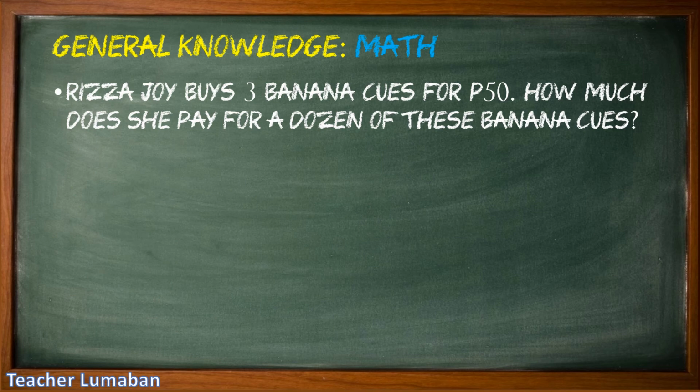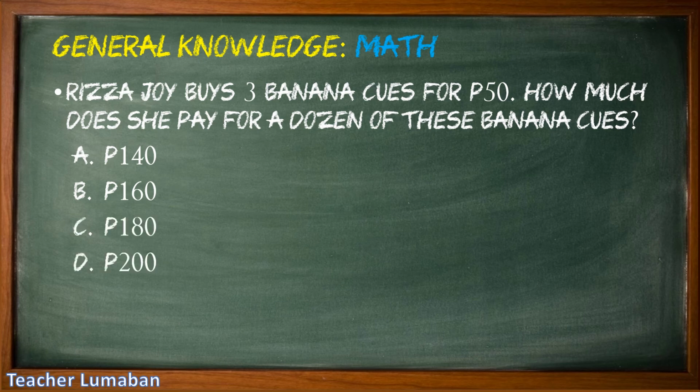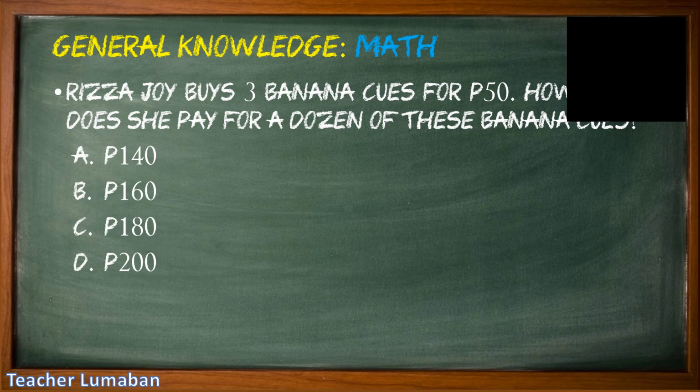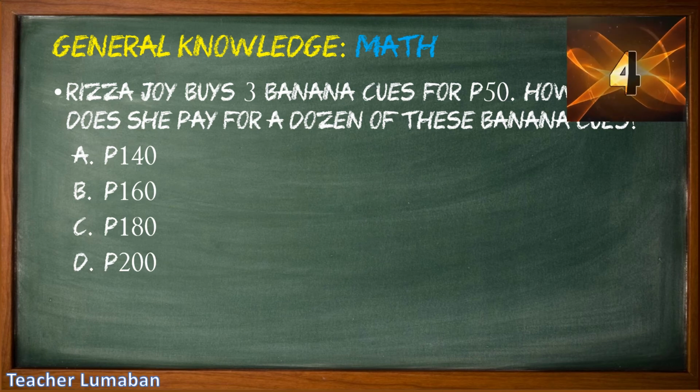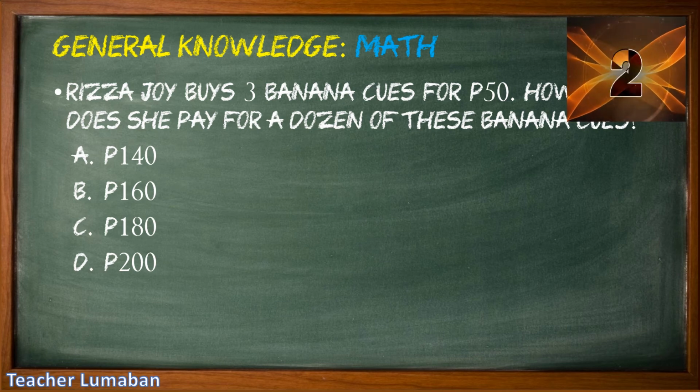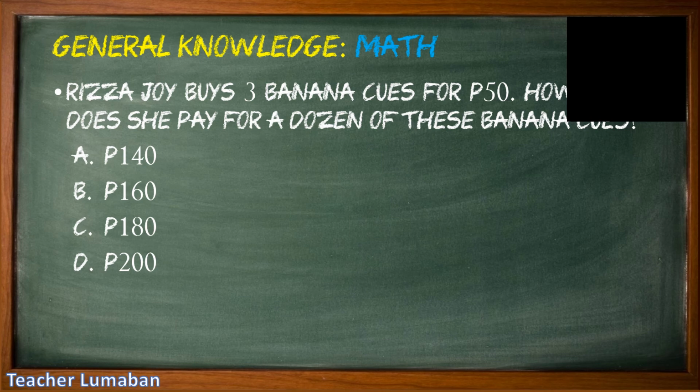Rizajoy buys 3 banana cues for 50 pesos. How much does she pay for a dozen of these banana cues? Letter A, 140 pesos. Letter B, 160 pesos. Letter C, 180 pesos. Letter D, 200 pesos. Please answer in 5, 4, 3, 2, 1.